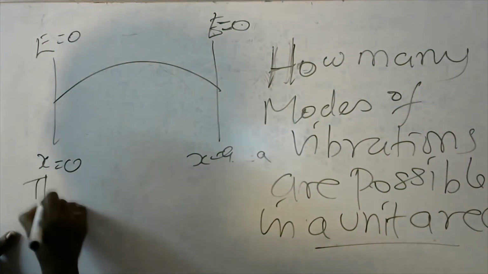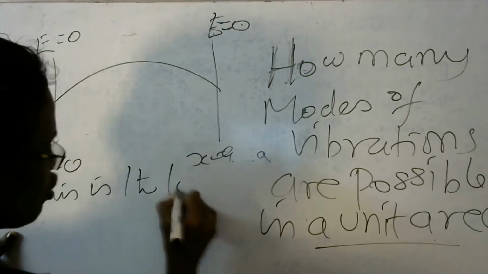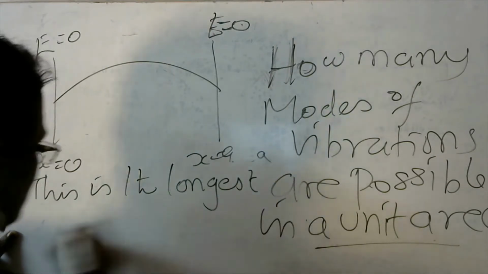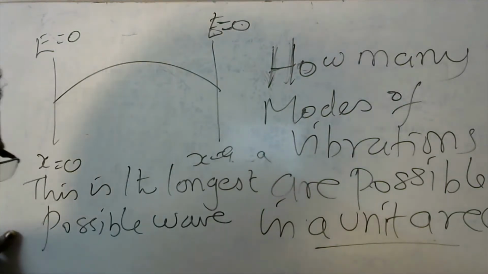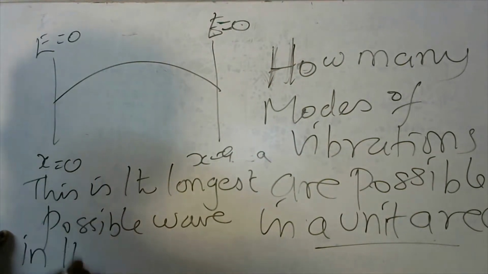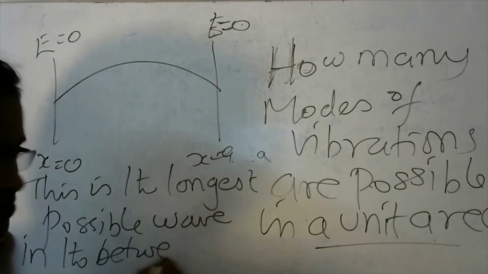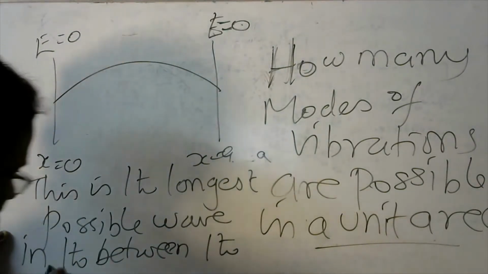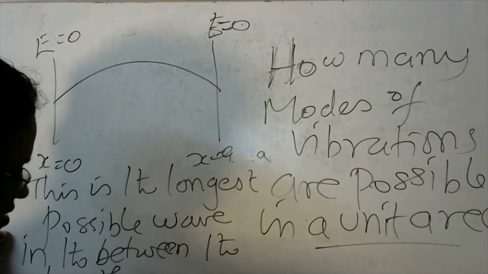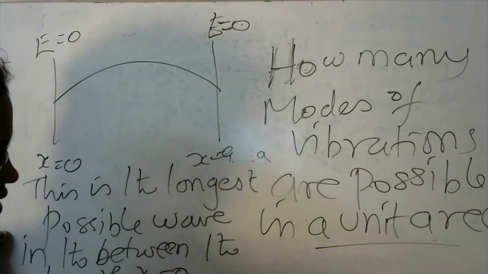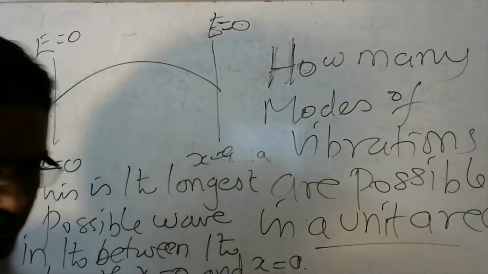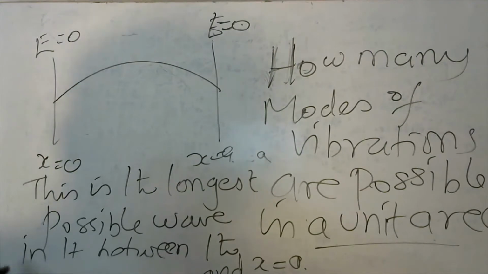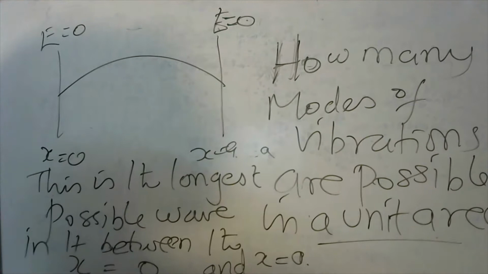This is the longest possible wave in between the length x is equal to 0 and x is equal to a.